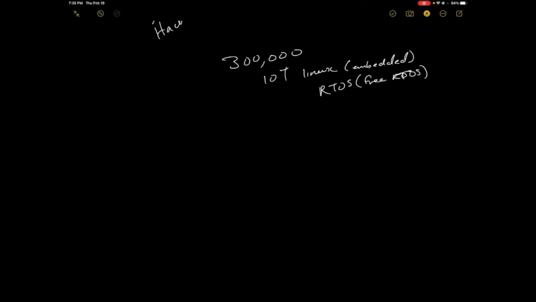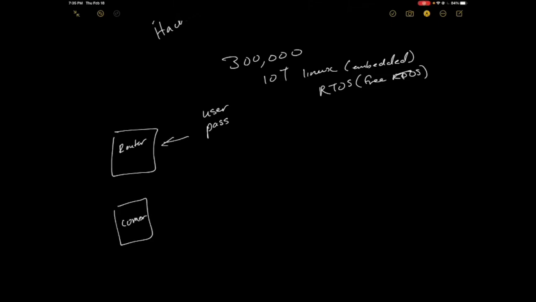And so what they did is they actually said a lot of people don't change their default passwords on these things. The username and passwords are normally default. And so they went ahead and scanned the internet and found routers and cameras that have these default passwords, and then they'd log into these machines with those default passwords.